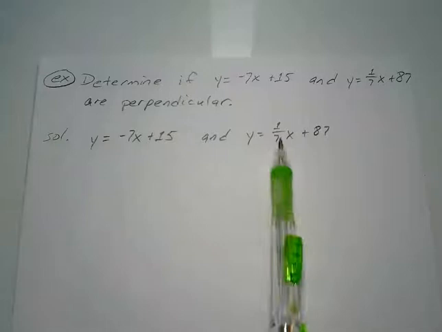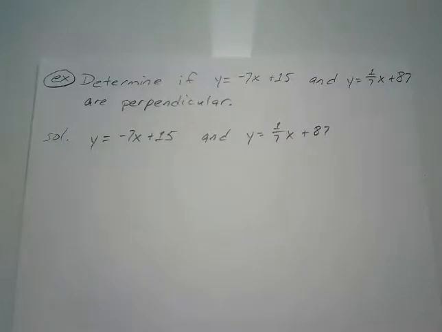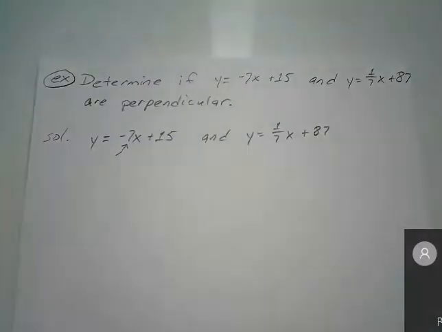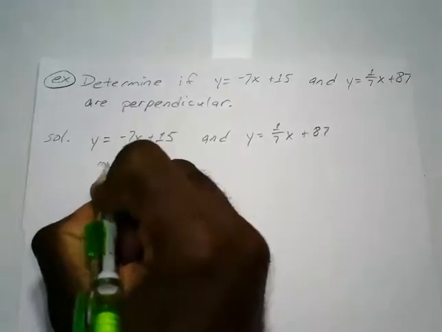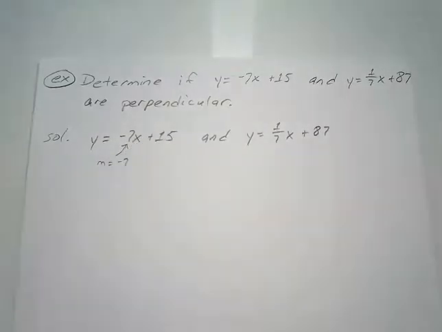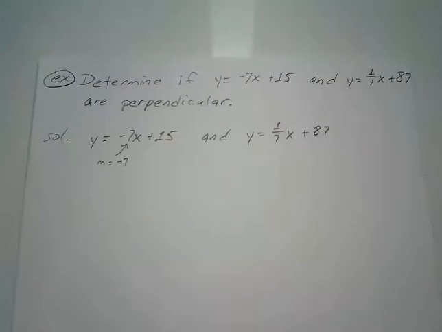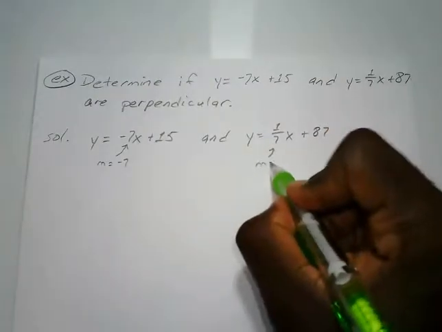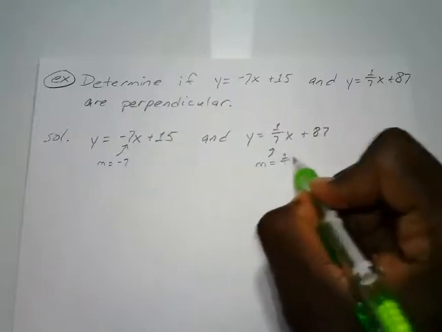We're just looking at the slope. So the slope of the first is negative 7, and for this one, the slope is 1 over 7.